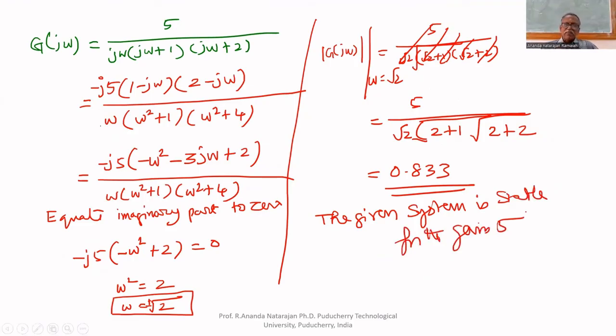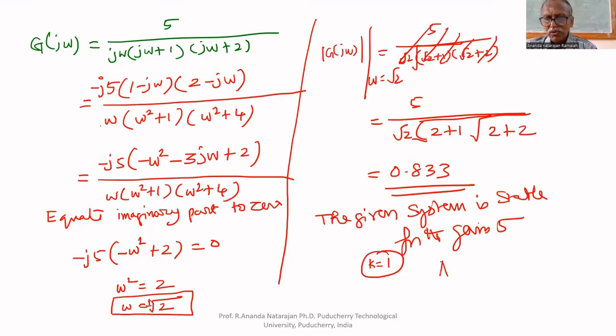What is the range of K for stable? Here it is 0.833. If we divide this by 5, because we have to take K equal to 1 to find the gain margin. But K equal to 5 here, that's why we have to divide this by 5.